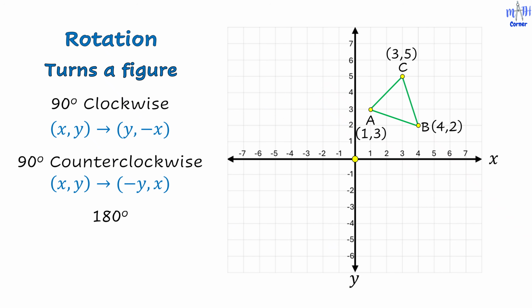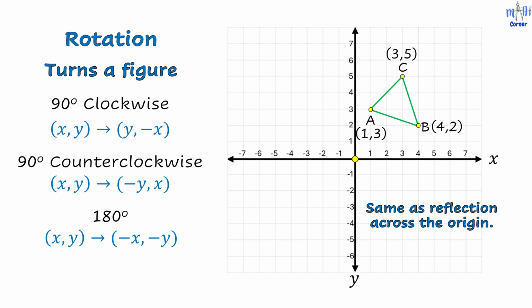Next is 180 degrees rotation. This is the rule. X, Y becomes -x, -y. This is the same rule as reflection across the origin. Let's rotate triangle ABC 180 degrees. Point A is located at 1, 3. So A prime is located at -1, -3.